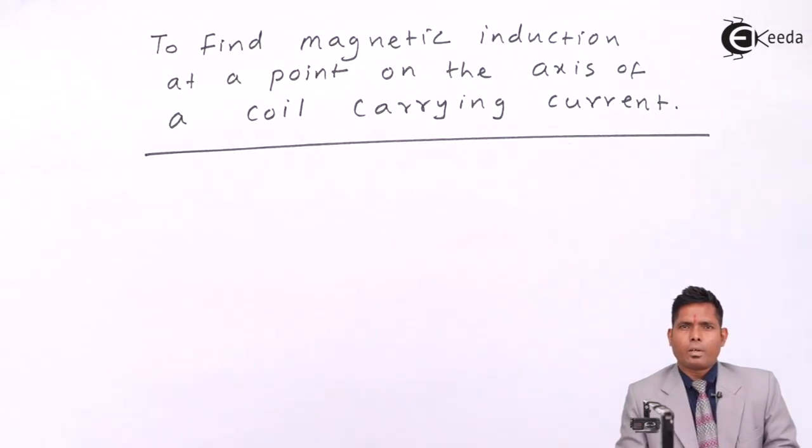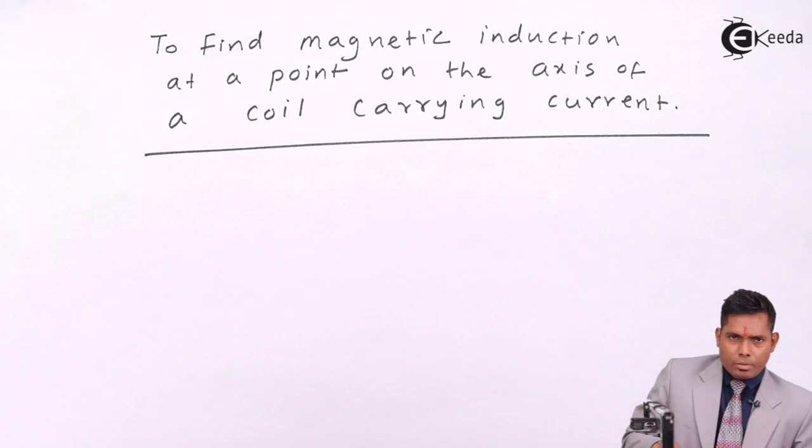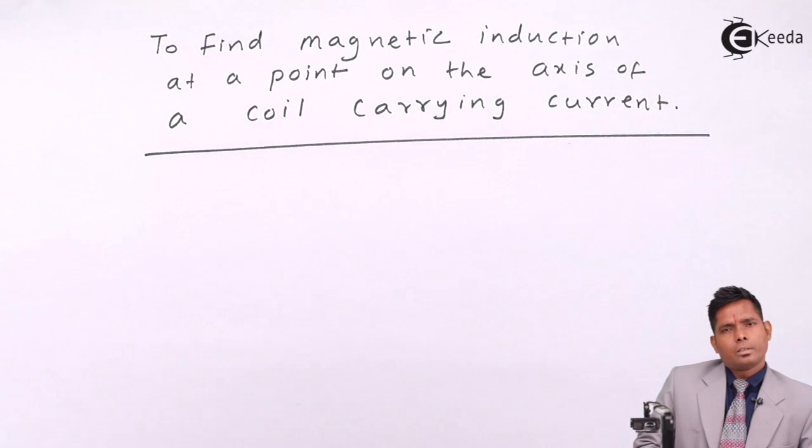Now, I want the angle between this dl element, which is the tangent to the circumference at any point, and the r vector. Suppose at this point, this is the tangent, this is dl, and what is the r vector? The center of this element to the point where you want to find the magnetic field. This is the dl vector. This is the r vector.